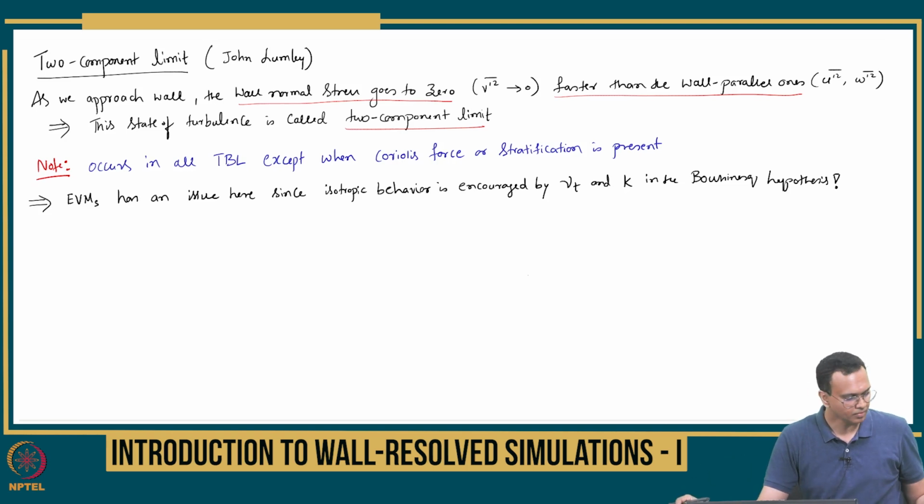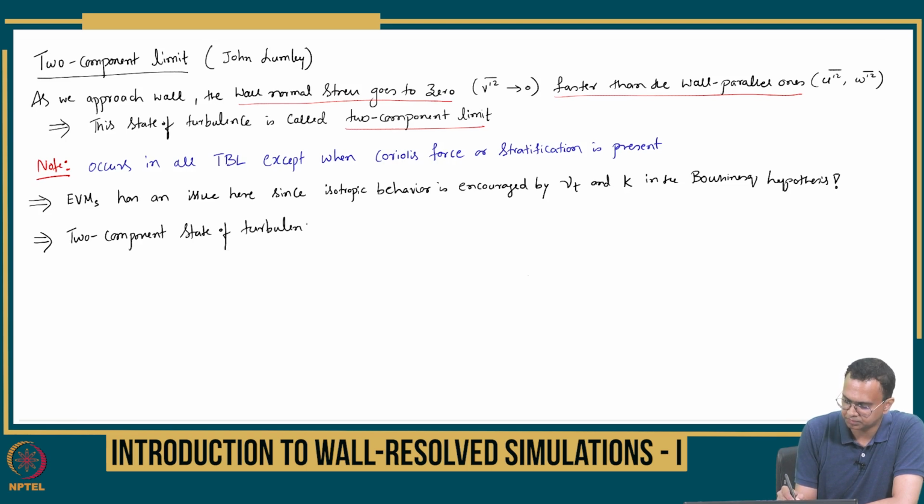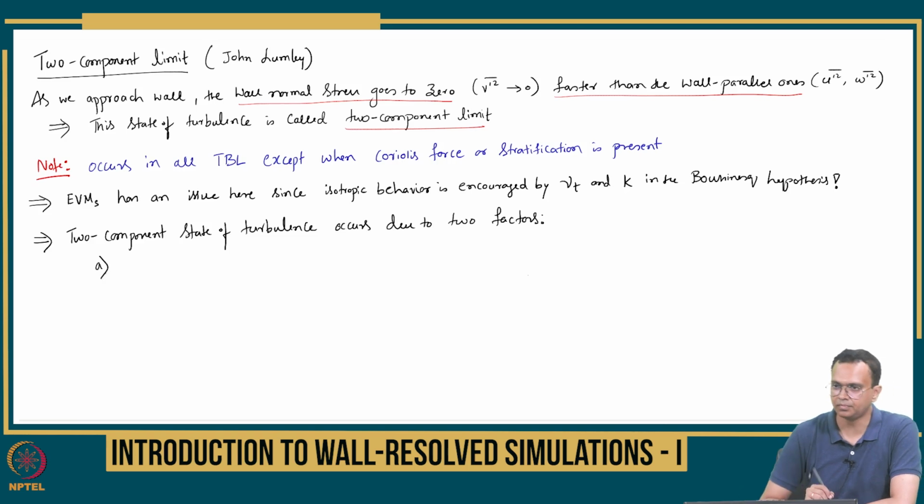Okay. So this particular two component limit, or you can say two component state of turbulence, occurs due to two factors. So there are two types of damping that are occurring here.